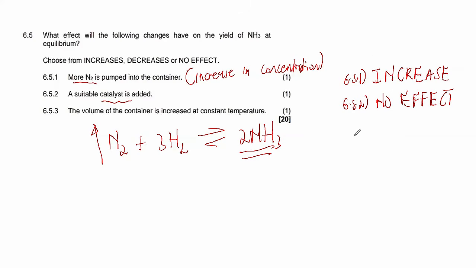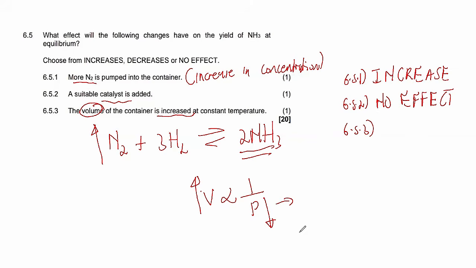Then 6.5.3, the volume of the container is increased at constant temperature. Note, they're talking about the volume, but we know that the relationship between volume and pressure is inversely proportional. An increase in volume means a decrease in pressure.